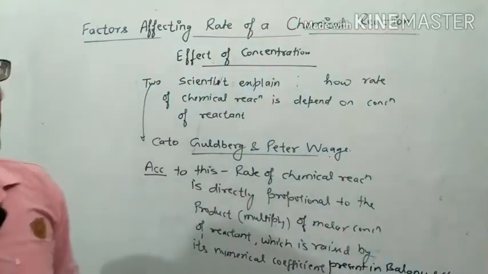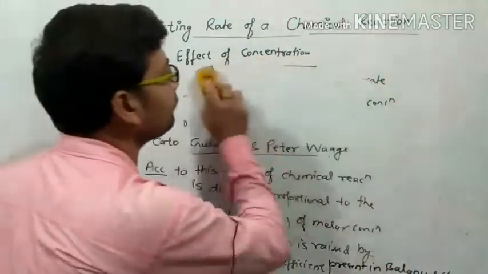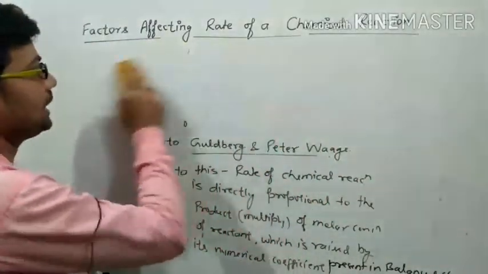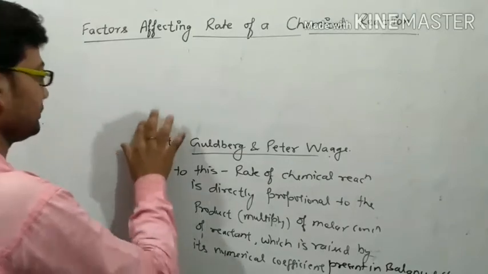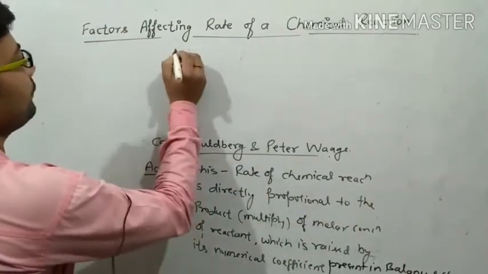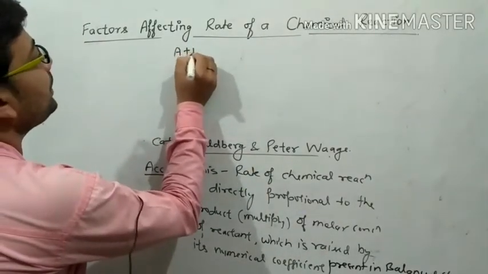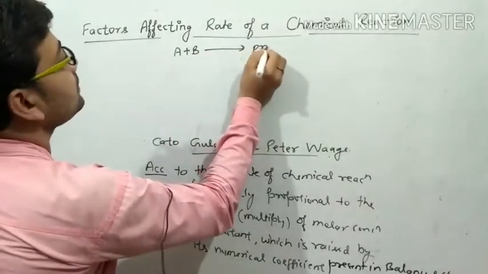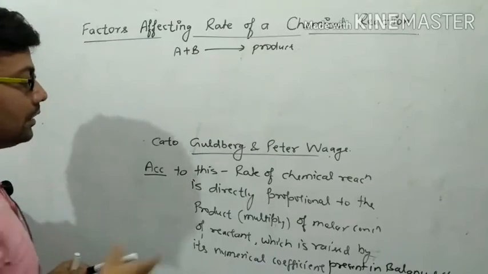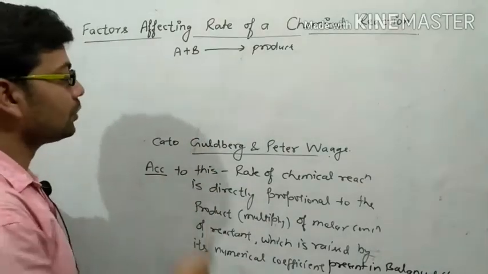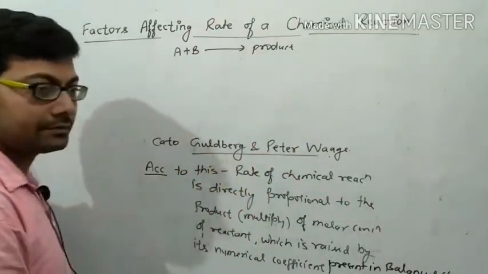Now, what is the mathematical form of this equation? If A plus B gives product, then what is the rate of chemical reaction according to Guldberg and Waage?